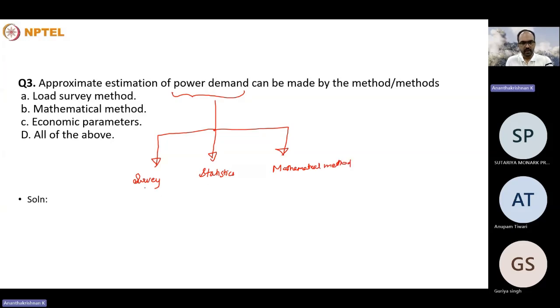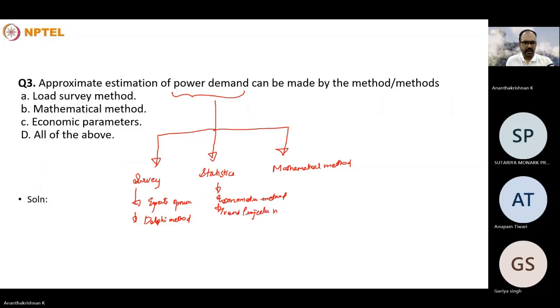The survey method includes the expert's opinion, the Delphi method, etc. Statistics takes into consideration the econometric method, the trend projection method, and some regression methods to calculate the power demand.